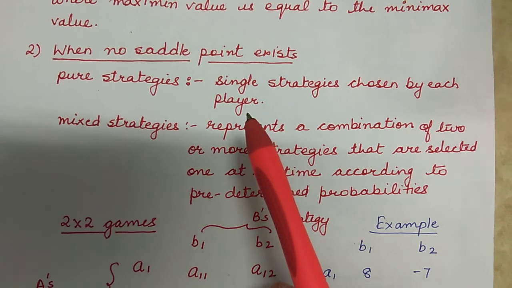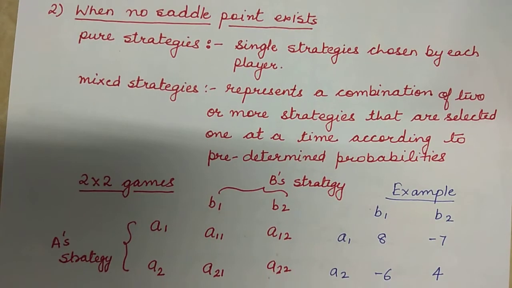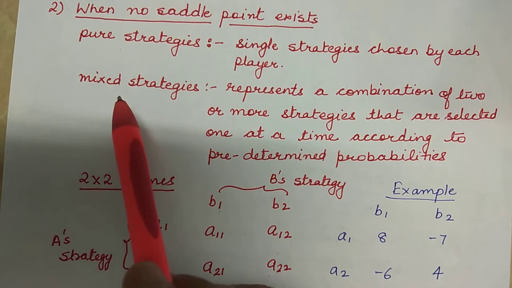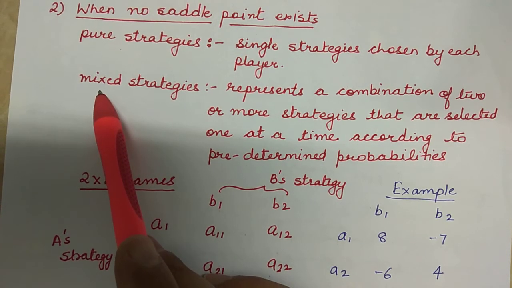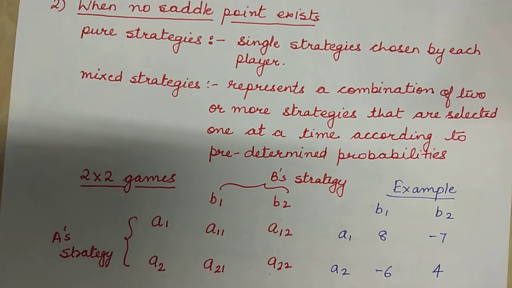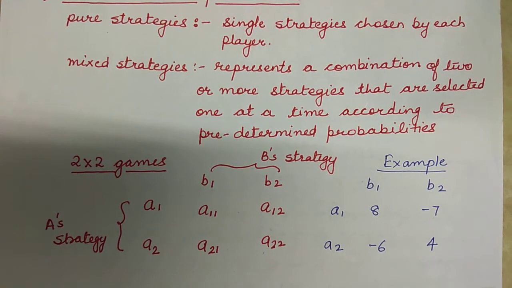Now because we are considering a case where no saddle point exists, the players will be choosing mixed strategies. So instead of one single strategy, they will be choosing mixed. Mixed means the number of strategies will be more than one.